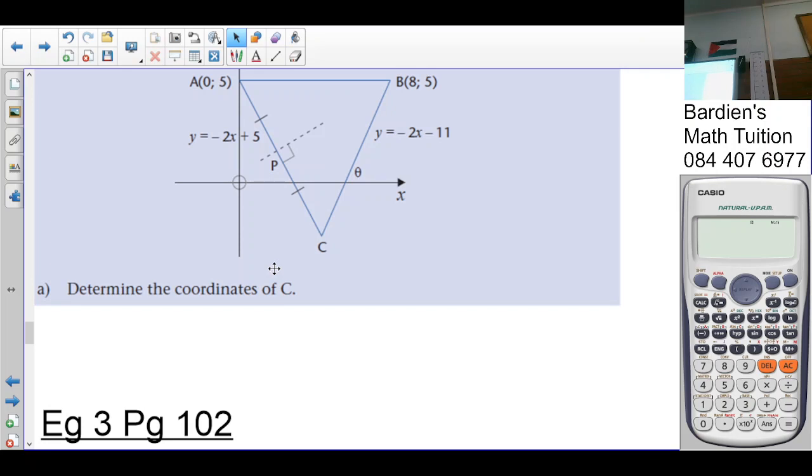Yes, simultaneous equations. So, for C, we're going to say negative 2x plus 5 is equal to negative 2x minus 11. Simultaneous equation. You see, the two graphs equal to each other.